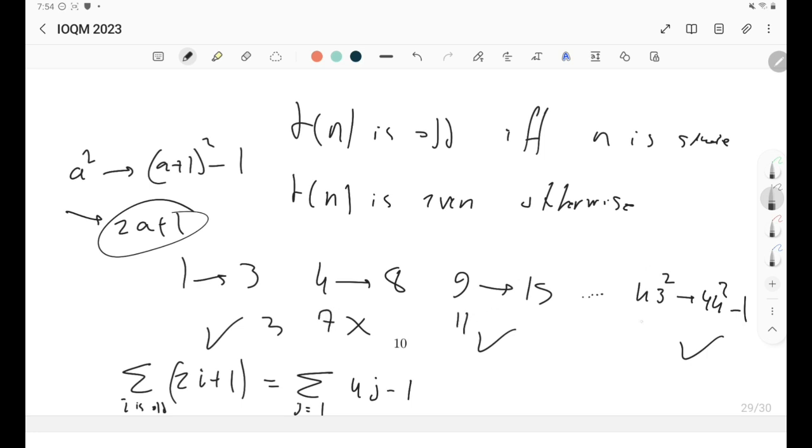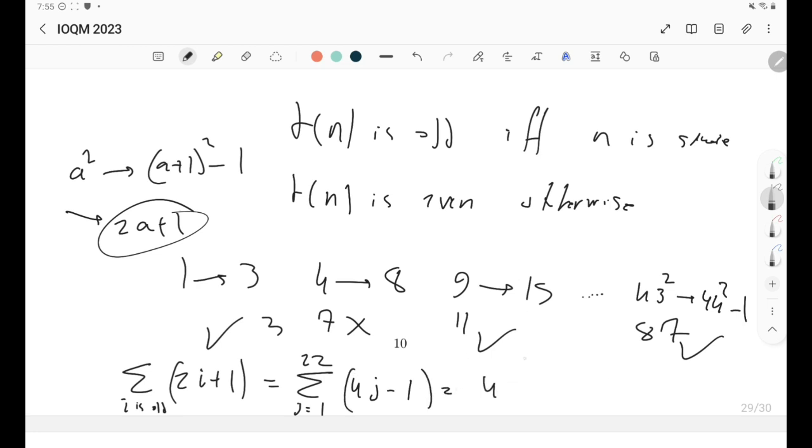The last number is going to be 87. So what is the good j that gives us that? For example, here it was 1, here it was 2, but you can simply calculate this. 87 is 88 divided by 4, so 22. Yes, so to 22.